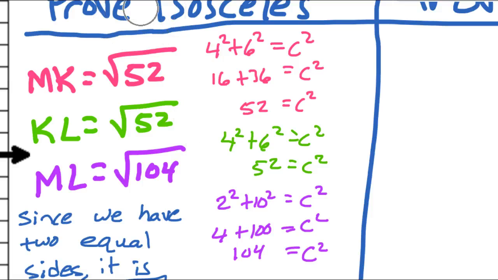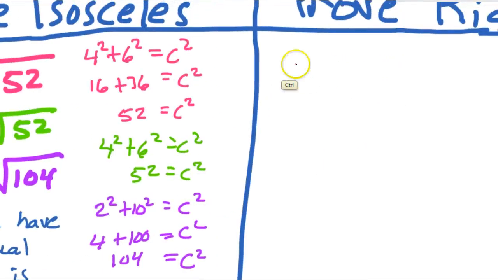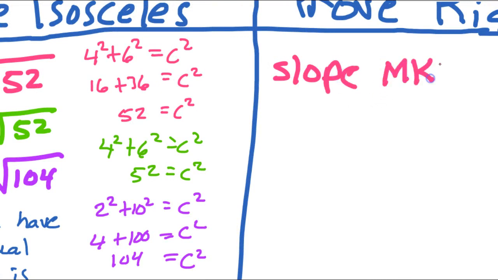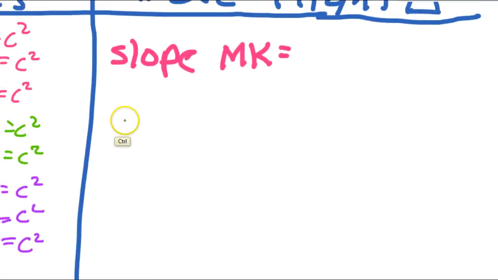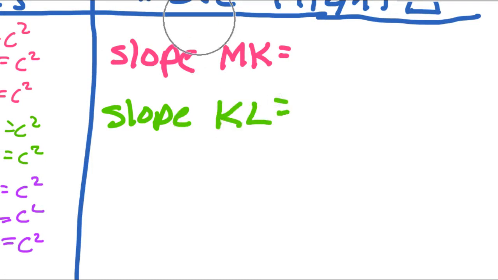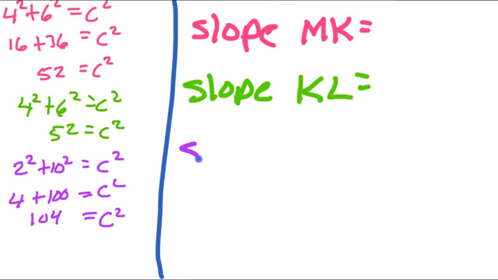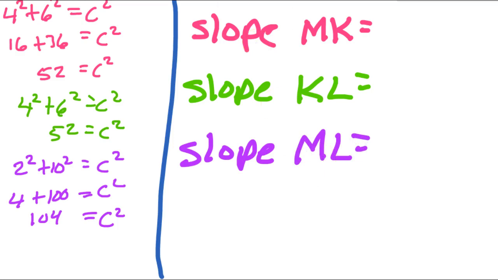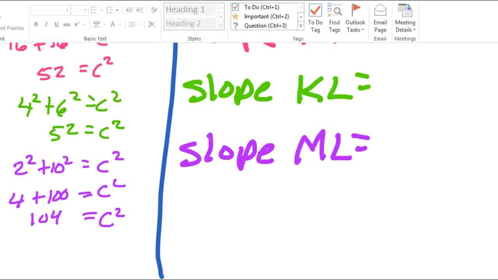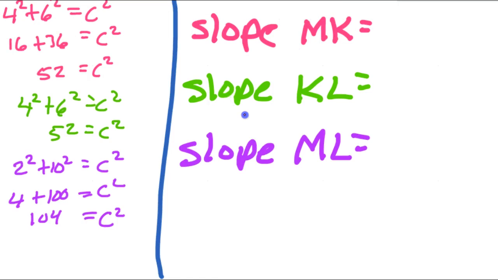That means I need to decide what is the slope of MK, the slope of KL, and the slope of ML. Well, slope is just rise over run. Remember that. Let's start with MK.